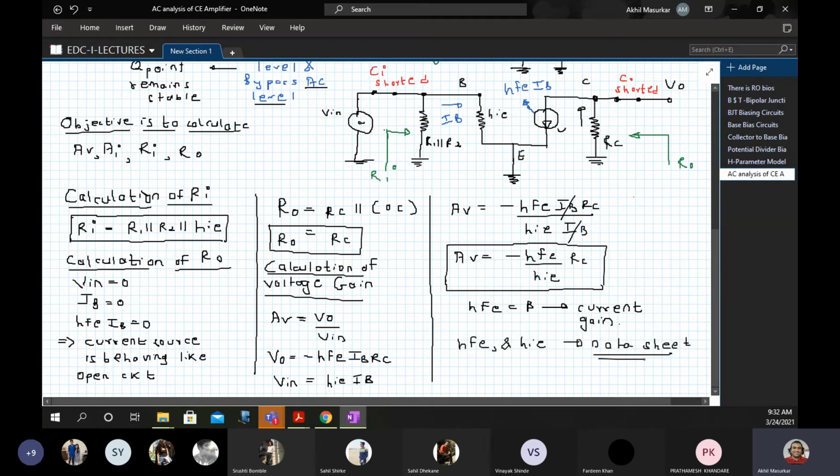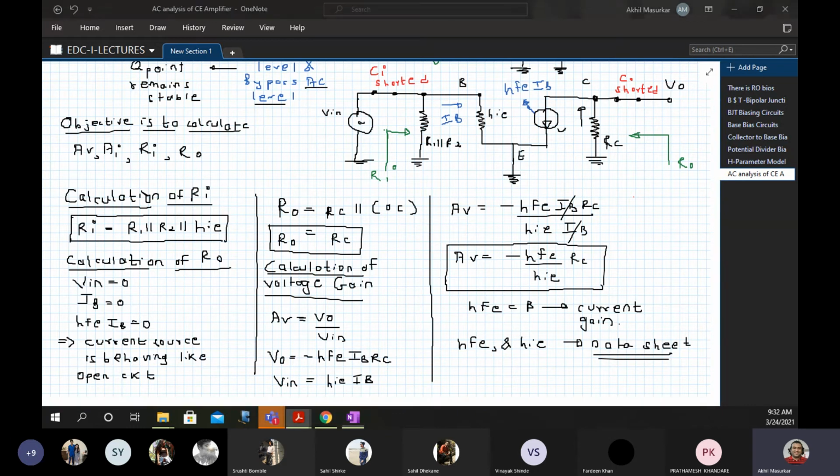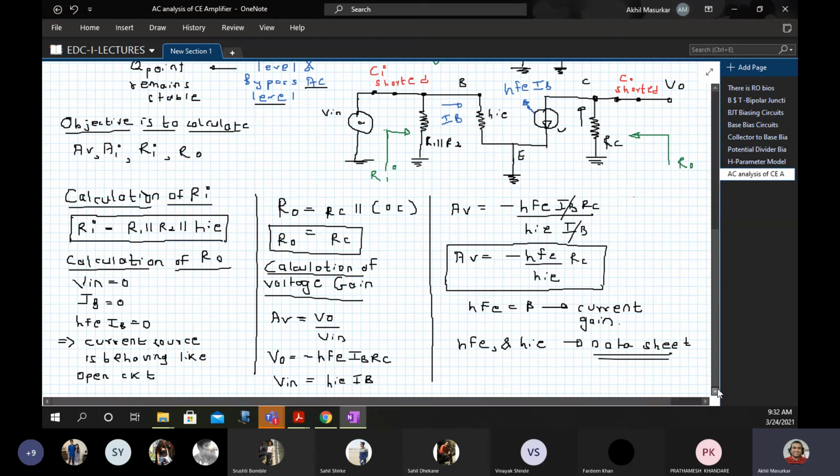They are always given in the data sheet. Data sheet means if in the exam they tell you to design this, then they will give you the values of HFE and HIE. Next is the calculation of current gain.